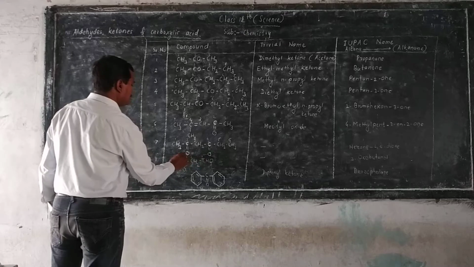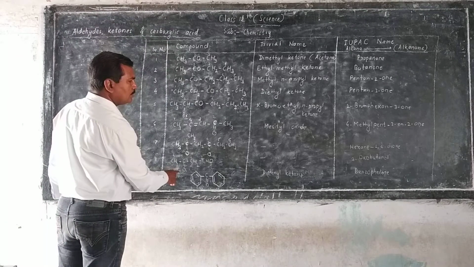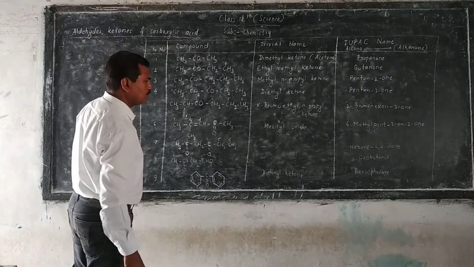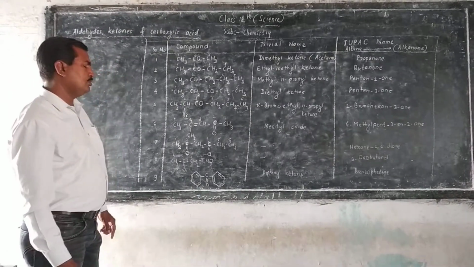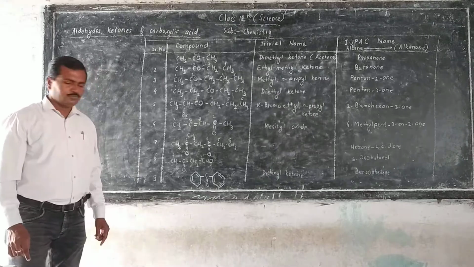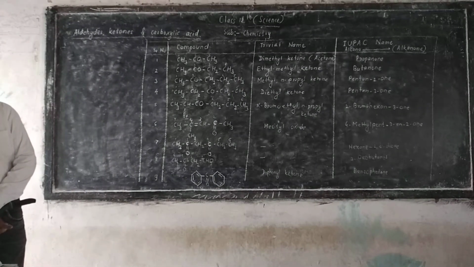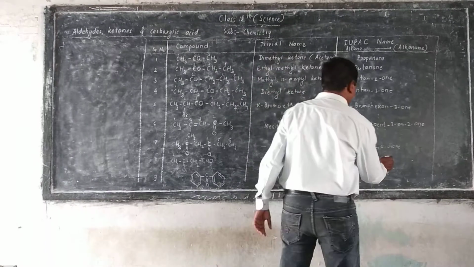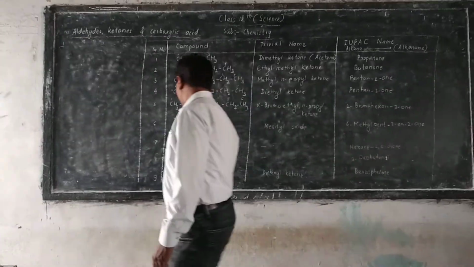Then this is 1, 2, 3, 4. So 3-oxobutanal, with 4 carbon atoms, because the CHO group is present, so it is an aldehyde.